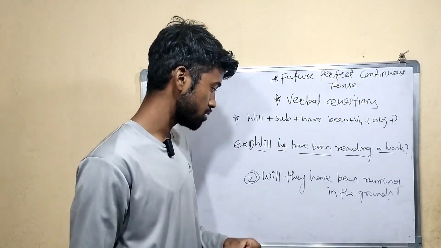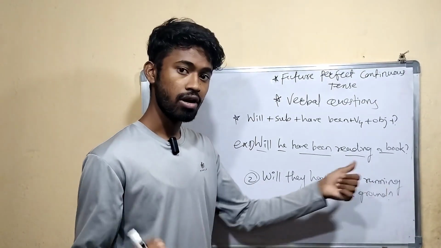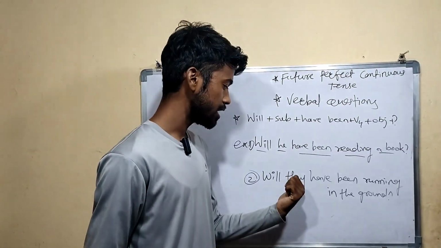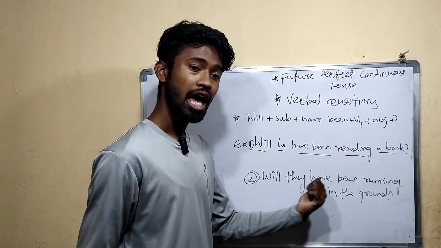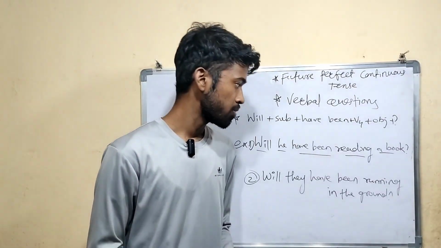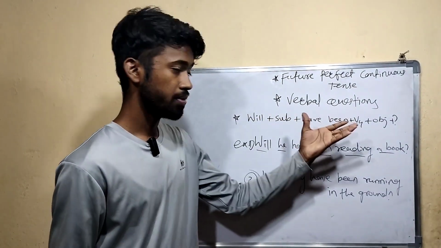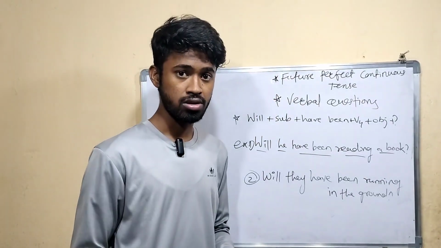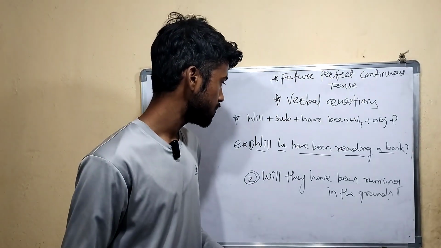So what is the verb here? Running, and we have to use the fourth form of verb here. So first will, after that subject, after that have been, after that fourth form of verb, and the remaining part is object here. So you understood what a verbal question is and how to frame verbal questions in the future perfect continuous tense. You must have understood, right?